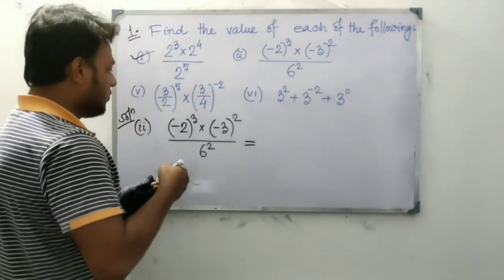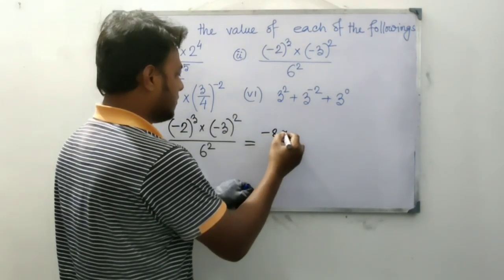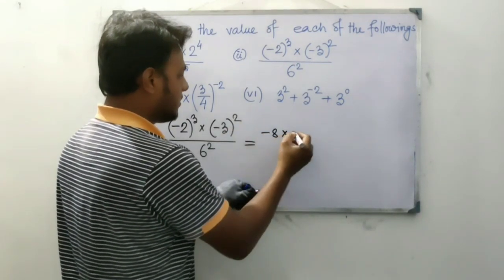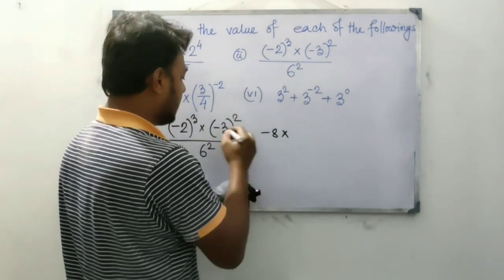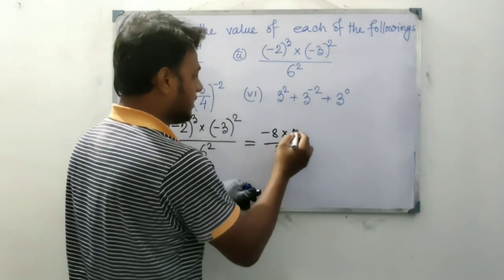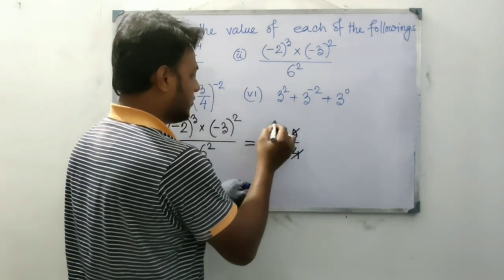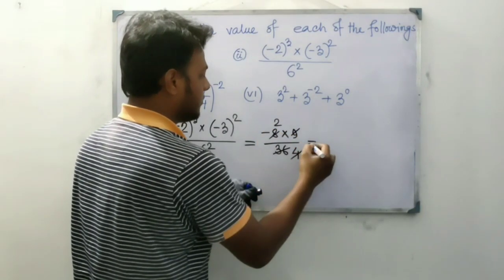So minus cubed means minus, and 2 cubed means 8, into minus squared which is positive, and 3 squared means 9, by 6 squared means 36. Now cancel: 9 into 4, and 4 by 4, this gives 2. So it will be minus 2. This is the answer.